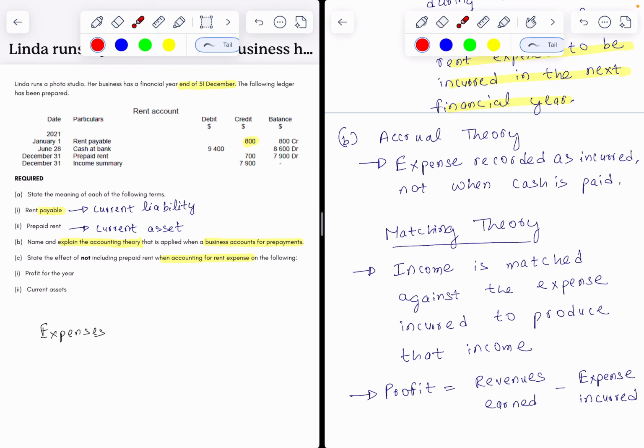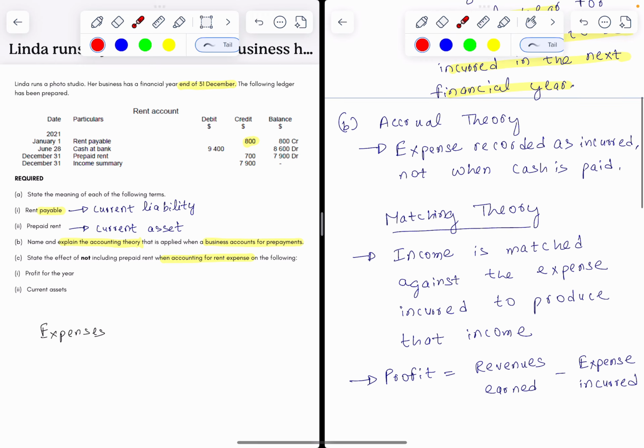If you want to go with the matching theory, we understand matching theory simply states that income or any revenue is always going to be matched against the expense that we incur to produce that income. All right. So whatever revenues we generate and whatever income we earn during a financial year, we obviously will have some expenses that we incur along the way because that's how businesses work, right?